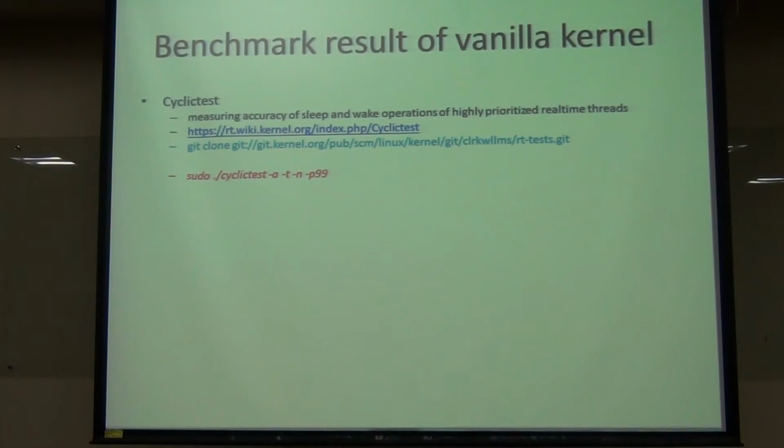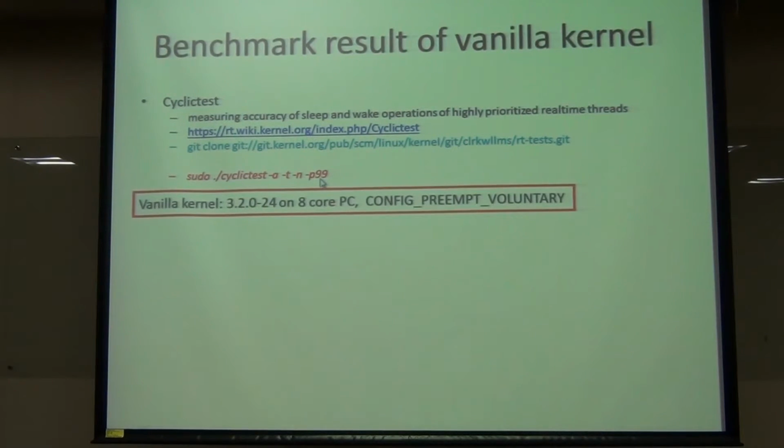Here I got the testing suite program from this Git repository, and then ran it on all cores, at priority 99, which is the highest priority. So this is the result from a vanilla stock kernel from Ubuntu, and the setting is preempt voluntary here.